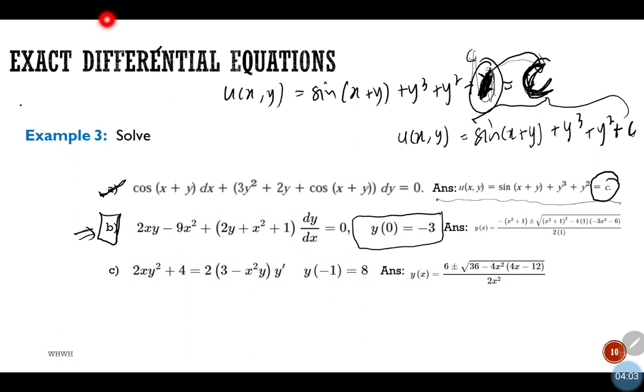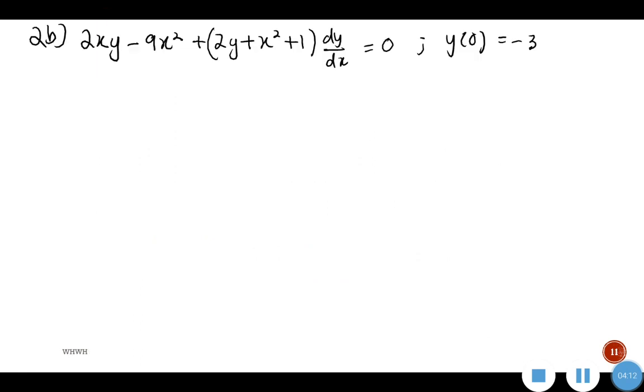Okay, for further clarification, let's try to solve example 3B together. Alright. Okay, so this is the question for 3B. We have (2xy minus 9x squared) plus (2y plus x squared plus 1) dy/dx equals 0.